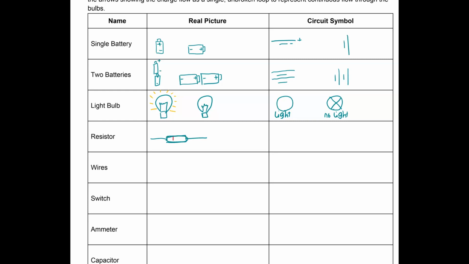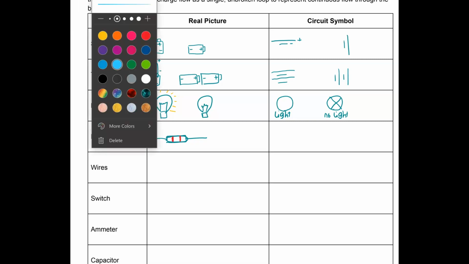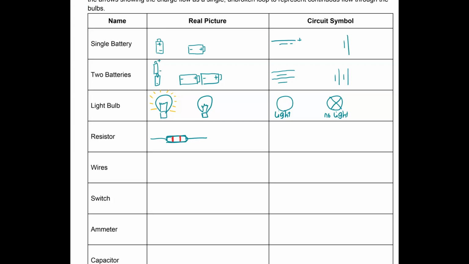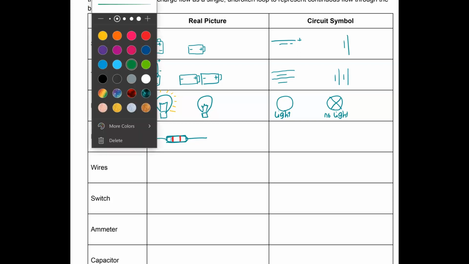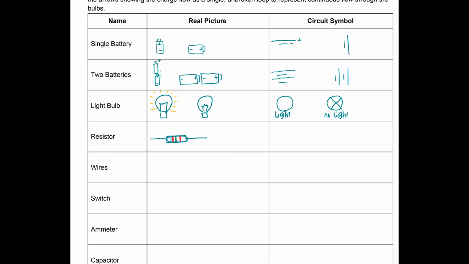Normally resistors have stripes to show how much resistance each item has. This is not a very accurate one, but we'll just draw pretend lines through it. In our class, we'll just draw it with a wire and then the resistor.